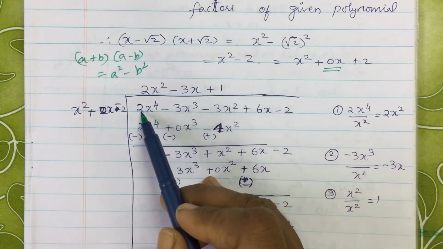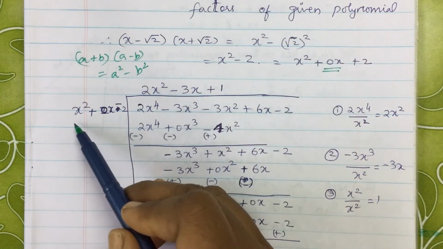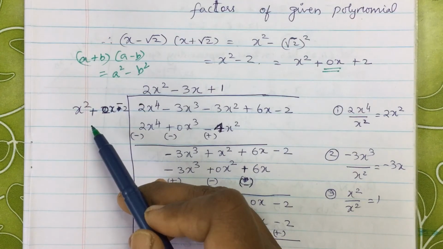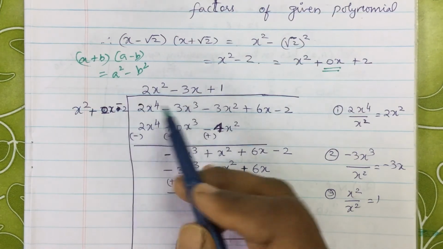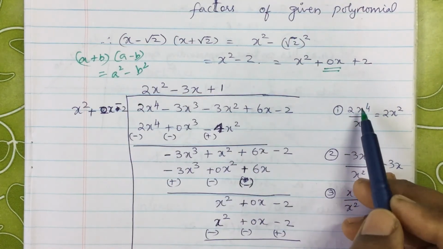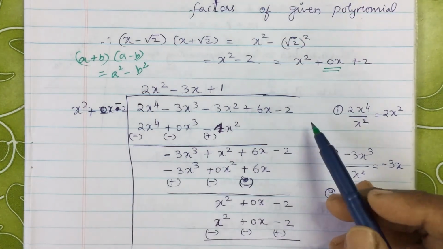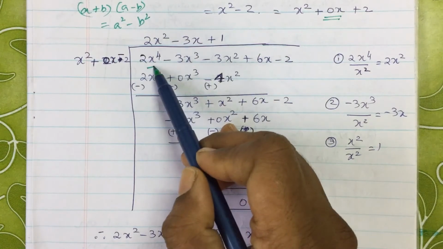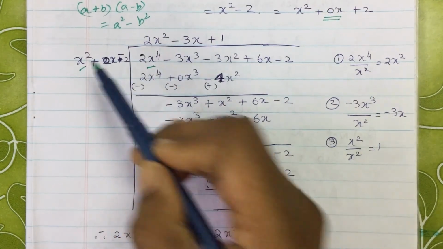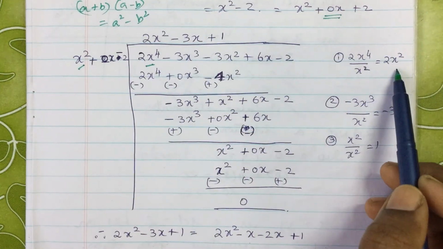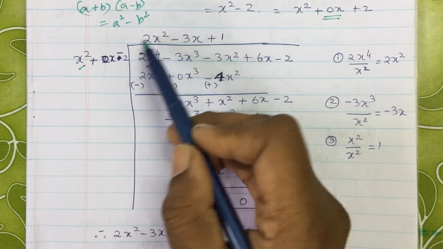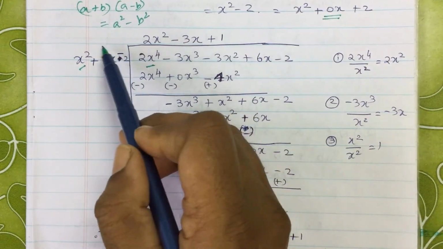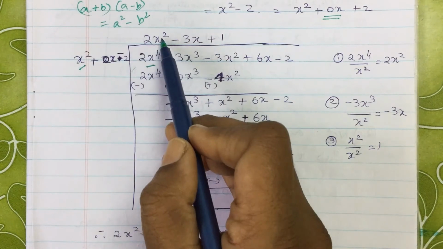So now you write the dividend here. As the divisor, I have written x square plus 0x minus 2. You perform the same procedures I explained in the previous part. You consider the first term of this dividend and divisor. You divide those two, you will get 2x square. You put it in the quotient part, then you multiply this entire divisor with 2x square.